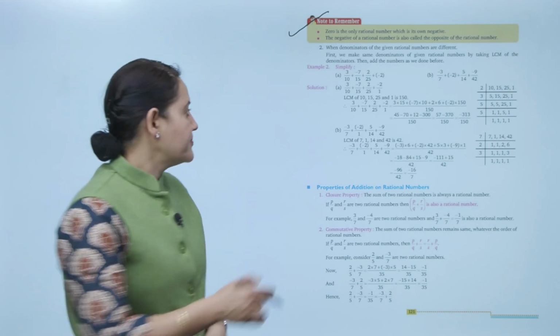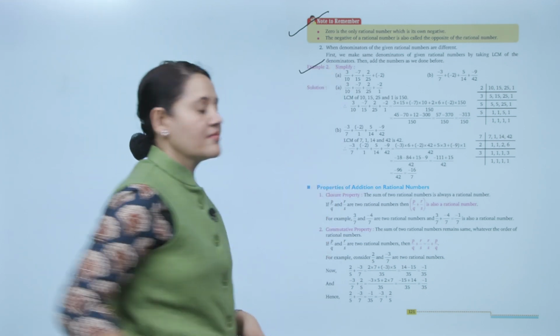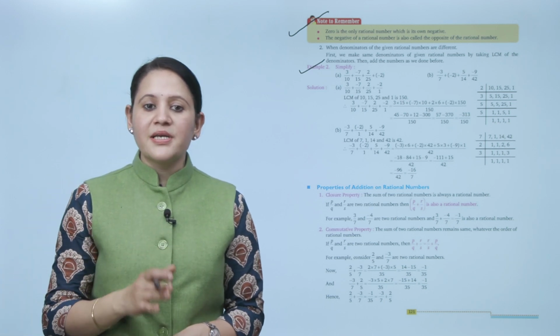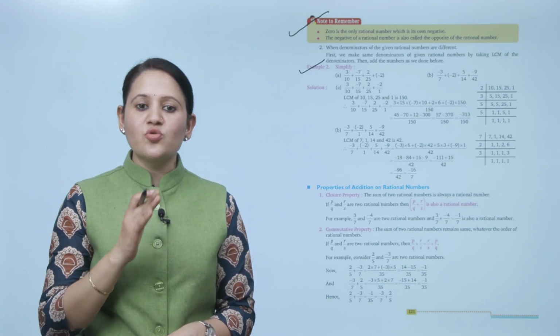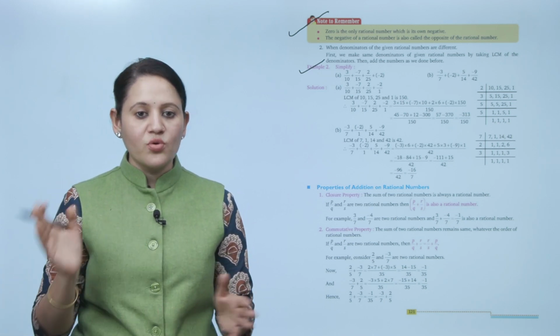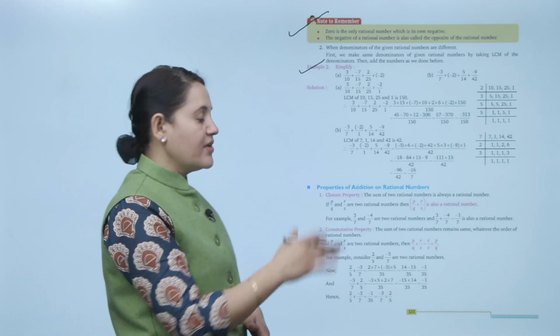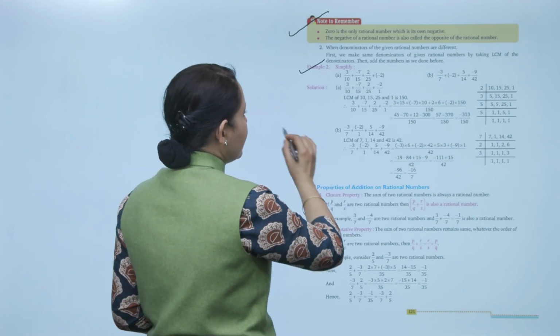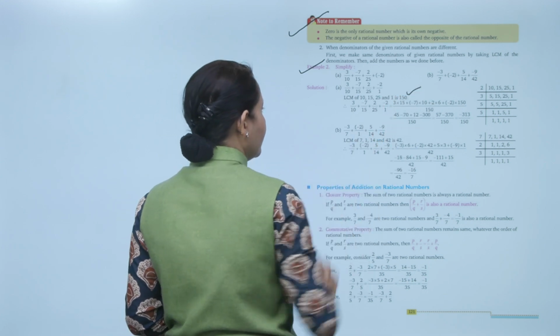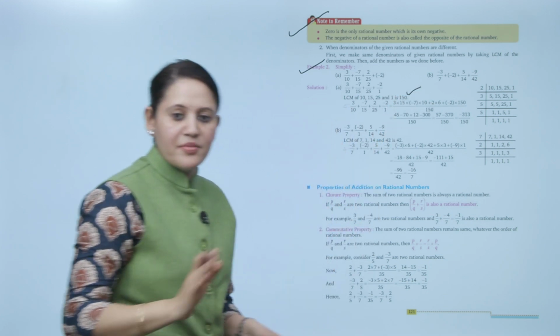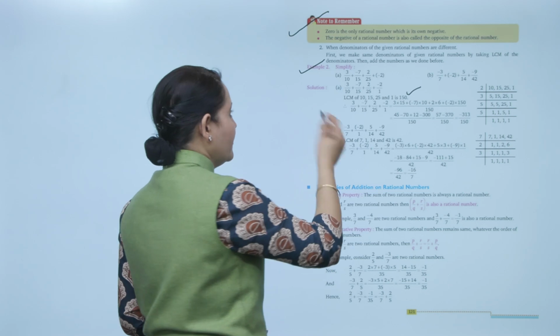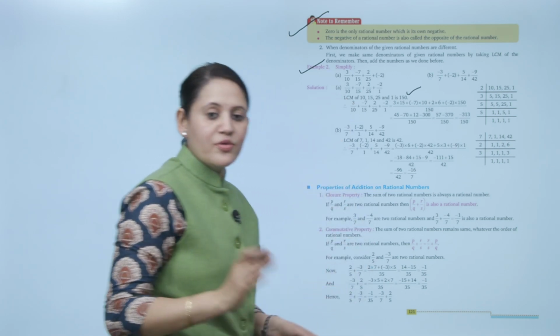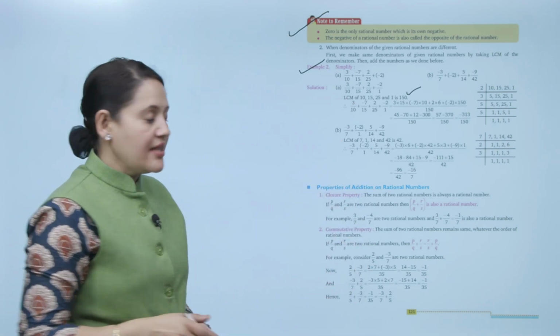Next is simplify: 3 by 10 plus minus 7 upon 15 plus 2 upon 25 plus minus 2. So here the denominators are different. First we'll take the LCM. LCM here is 150. So change them to denominator 150. First, 3 by 10, so what we'll do? 150 divided by 10 is 15.